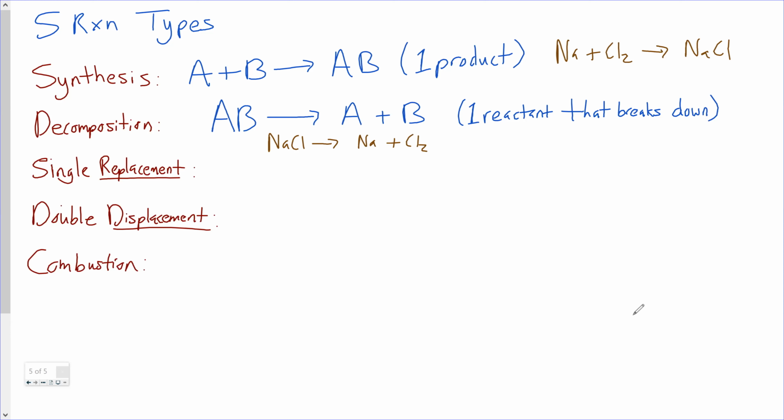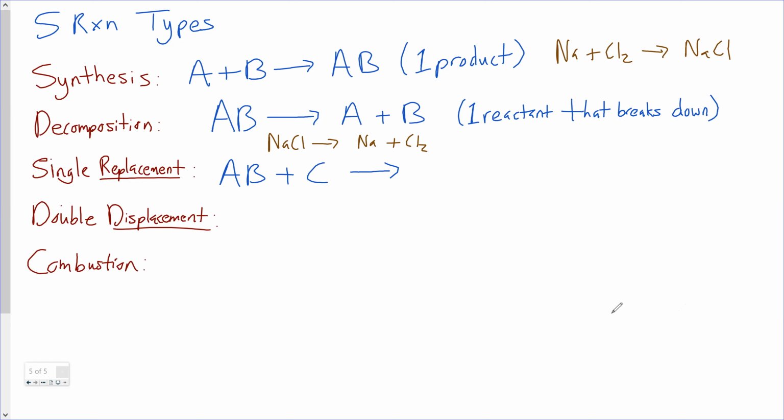All right, single replacement. Single replacement, okay? You're going to have a couple and someone who is single, if we're thinking about it in terms of relationships. So maybe you have AB, that's your couple, all right? Plus C, okay? And what they're gonna do is they are going to switch off dates, okay? If AB is the it couple in school, they've been going out for however long, okay?